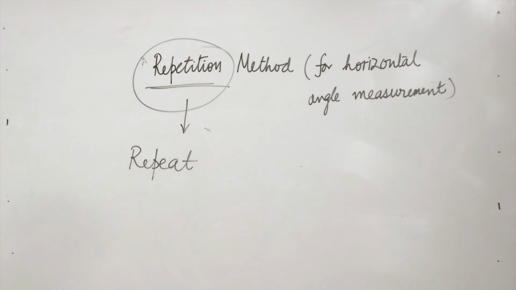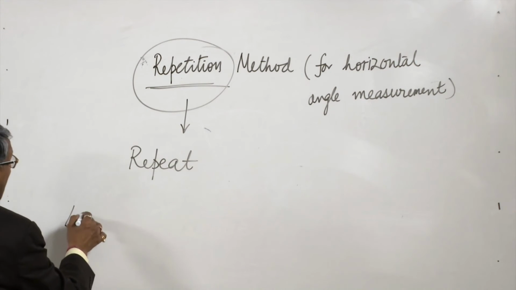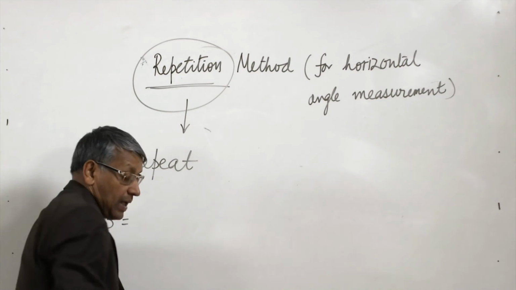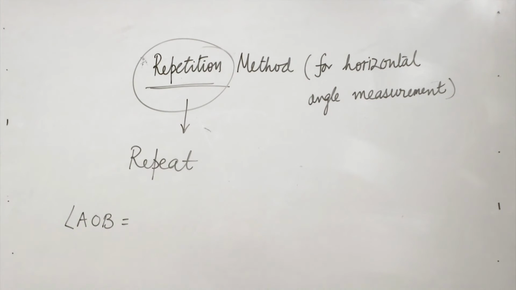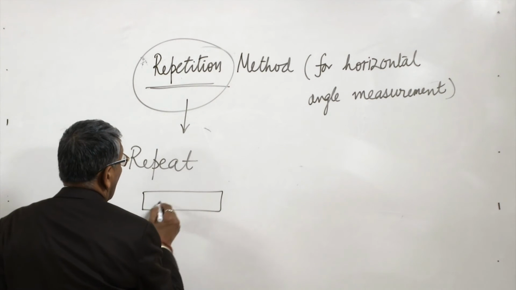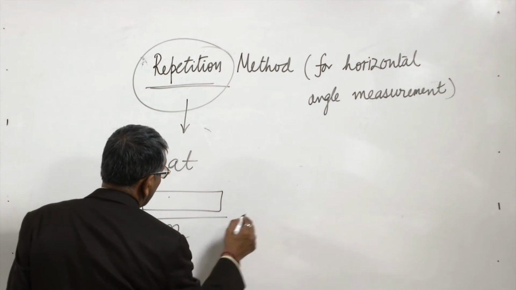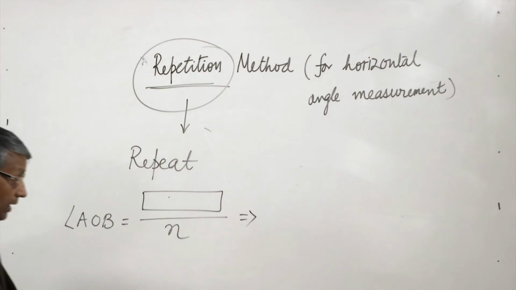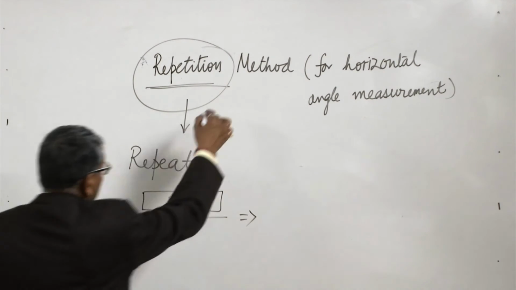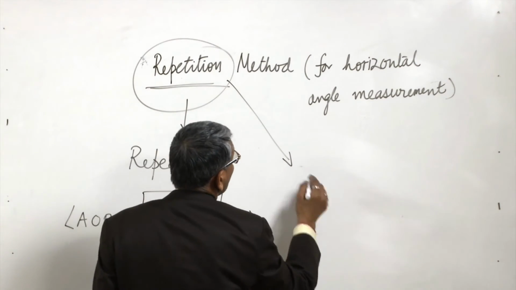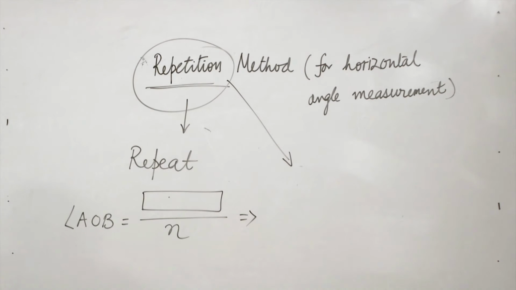So if we measure the same angle, suppose AOB, n number of times, we will get a value which will be divided by n, and that is the angle value. Now in the repetition method actually there are two steps we can do.